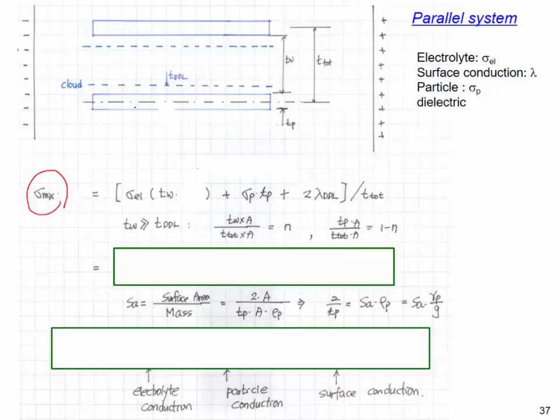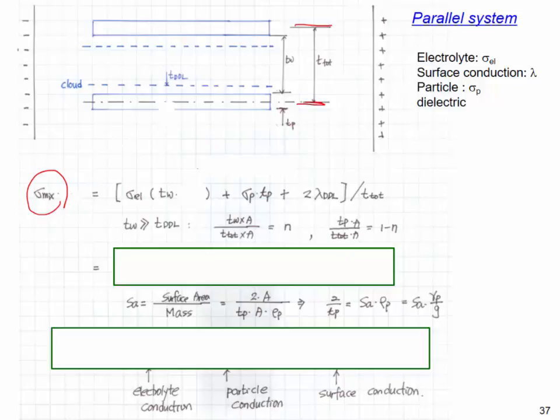So you can imagine that these clay particles repetitively, periodically repeat. So from here to this one is the one basic unit. And the thickness of the water is the TW from here to here, and the thickness of the particle is the TP.